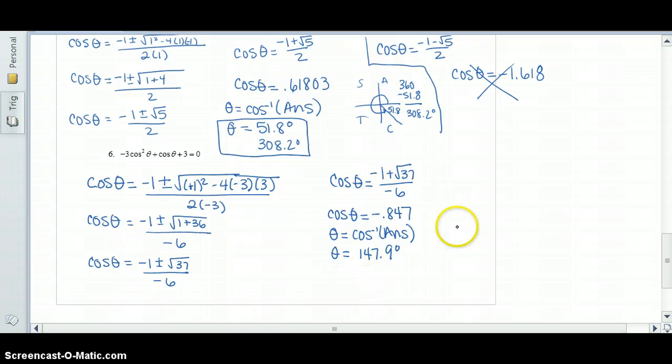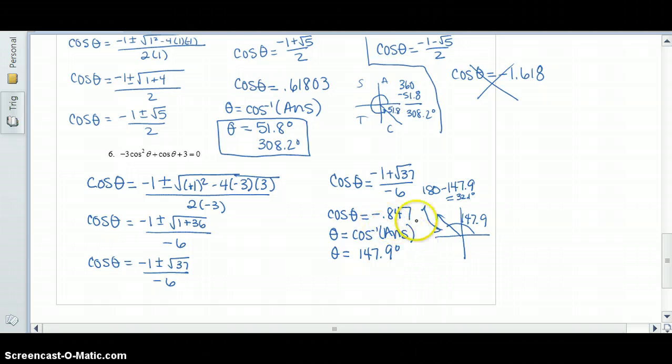So that's in quadrant 2, and our angle here is 147.9. But that's not our reference angle. To find the reference angle, which is always between the x-axis and the terminal ray, we're going to subtract 180 minus 147.9, and we're going to find out that our reference angle is 32.1 degrees.